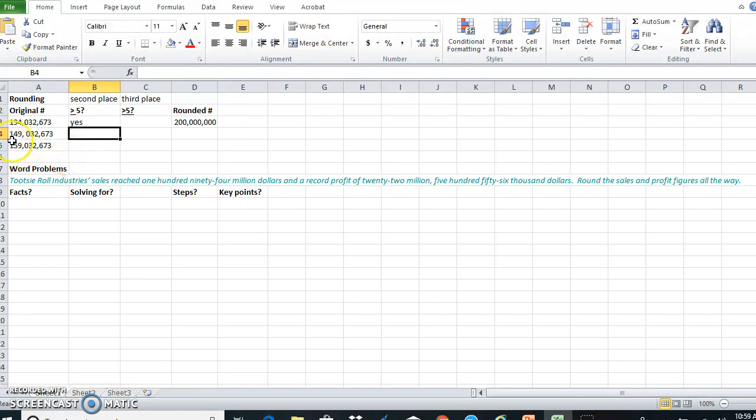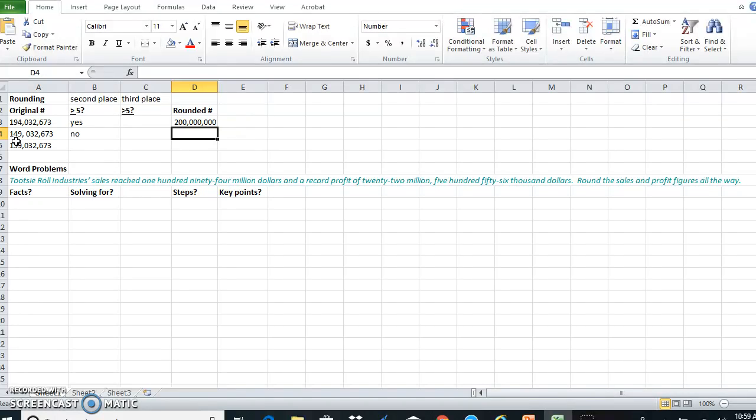Now, we have 149,032,673. And if we're rounding to the nearest 100 million, we're still looking at our 1. Then we're looking at the second place, a 4. Now, is 4 greater than or equal to 5? It is not.